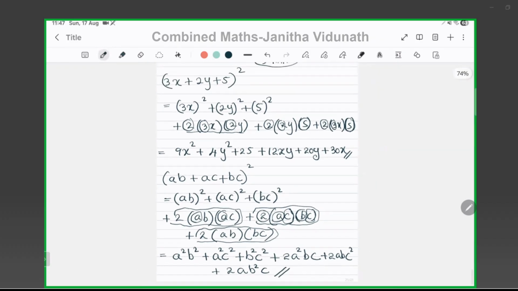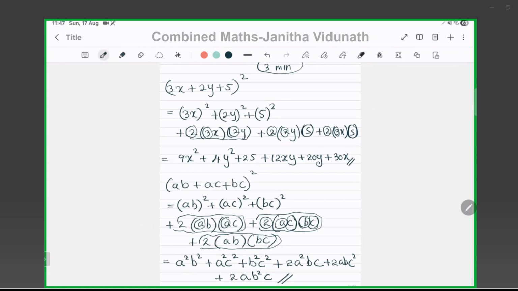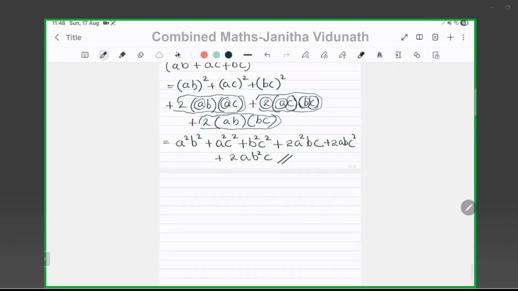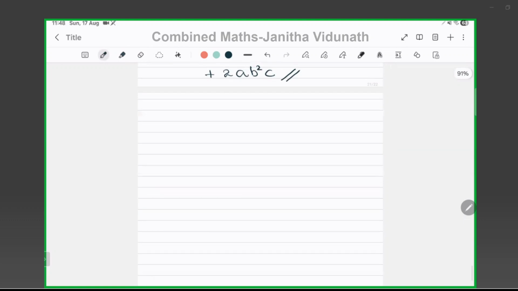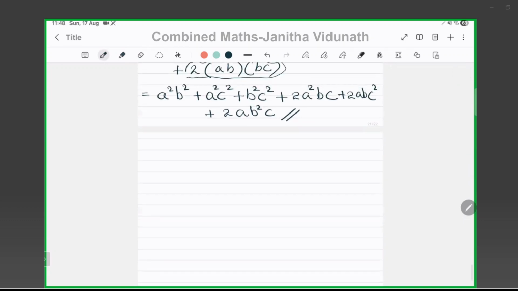Okay, I will give 1 minute to write down this. Okay, now we are going to learn what if there is a minus sign between those terms, how to expand that kind of equation.